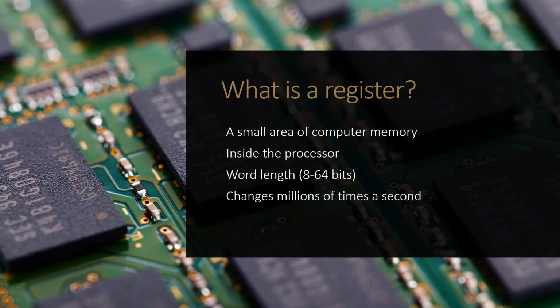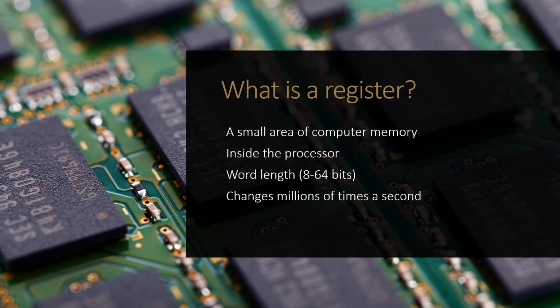A register is a very small area of computer memory inside the computer processor itself. The size of each register relates to the word length of the computer, so typically in a modern computer up to 64 bits long, and the contents of the register can change millions of times a second during the fetch execute cycle.